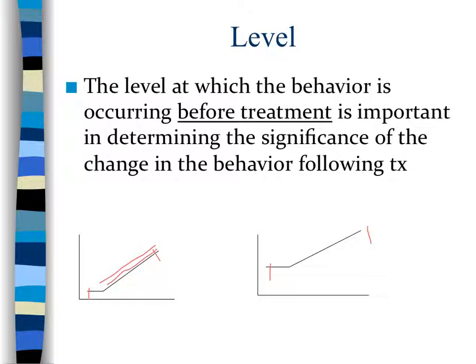So this is stronger than this one, because here the level was much higher when this individual began for baseline data, and the increase, say, in behavior or decrease was just a little less than the first one.